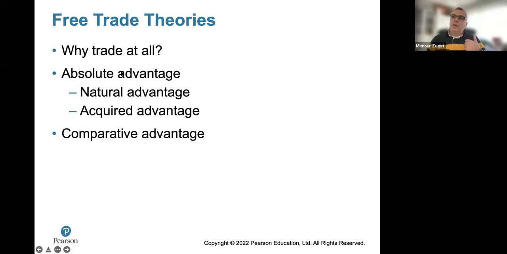And then on the other side, compared to the absolute advantage of the countries, we also have comparative advantage. Comparative advantage says that global efficiency gains may still result from trade if countries specialize in what they can produce most efficiently, regardless of the absolute advantage that countries in these cases have.